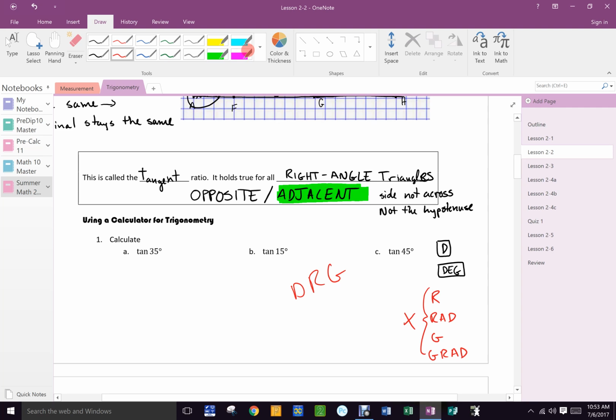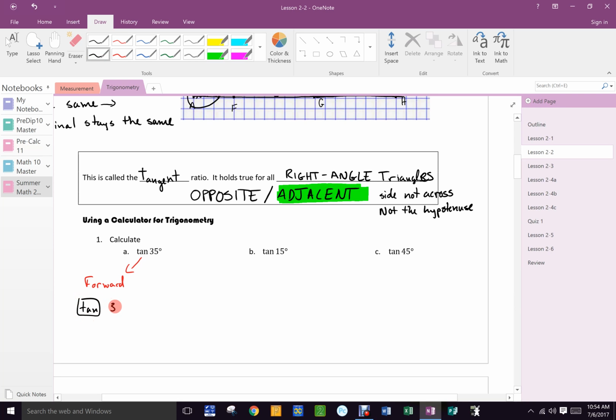Is everybody on D? What we're about to do will let me know if you are on D or not. Everybody with your calculator. If your calculator does what I showed you on the screen like Andrea's does, that's what I call a forward calculator. If you push tan and it writes the word tan, then I want you to go ahead and push tan 35 equals.